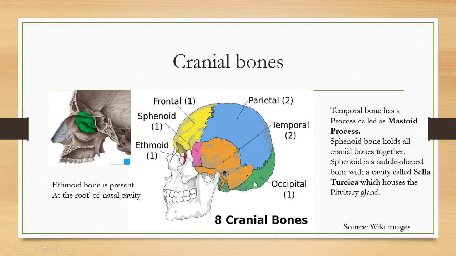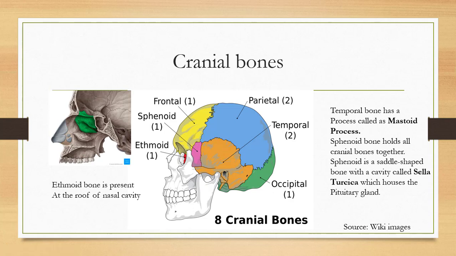Then there is the occipital bone, which lies in the region of the occipital lobe, and this occipital lobe is concerned with vision. Then you can see the sphenoid.